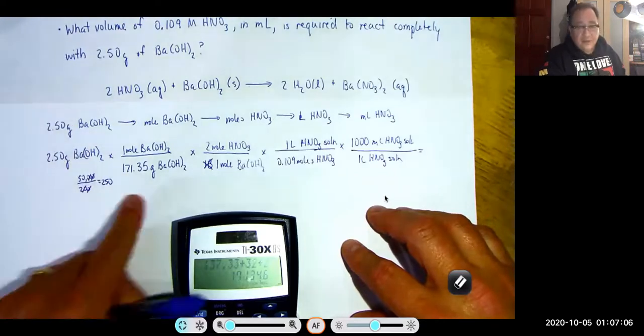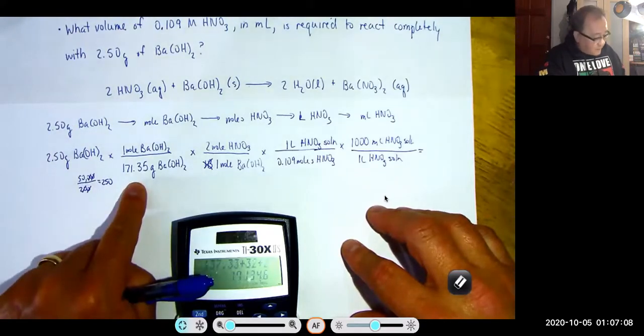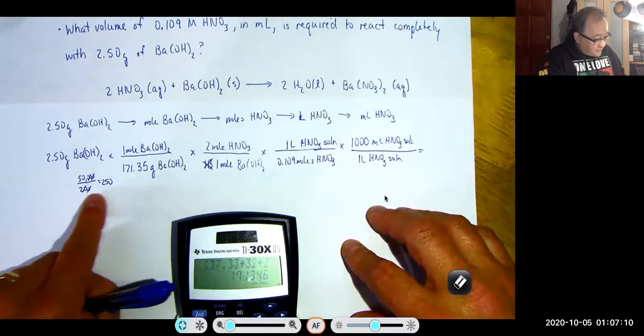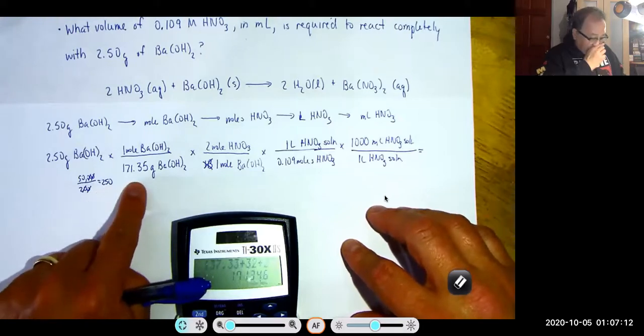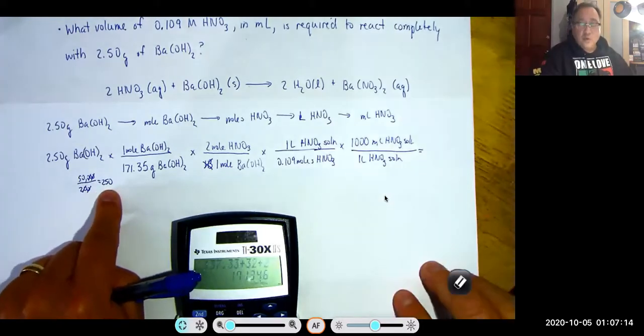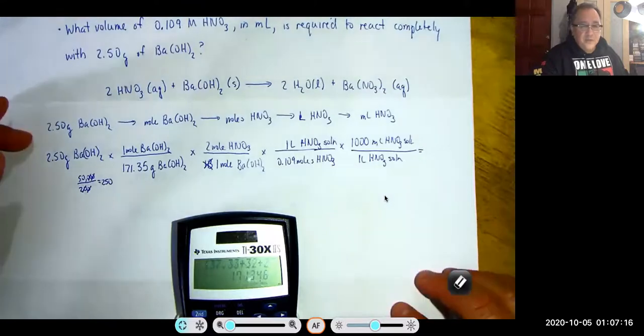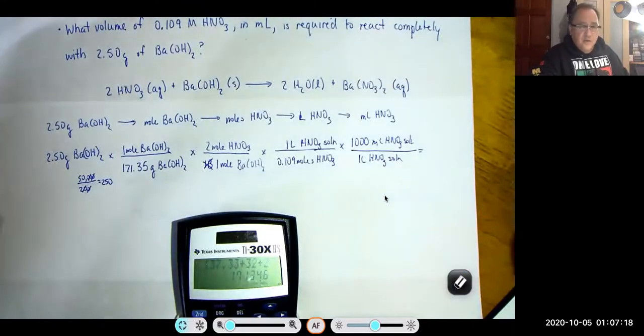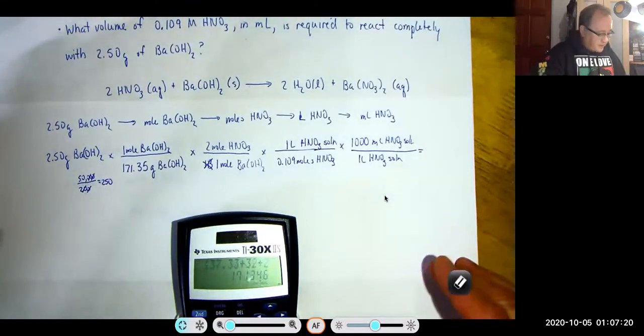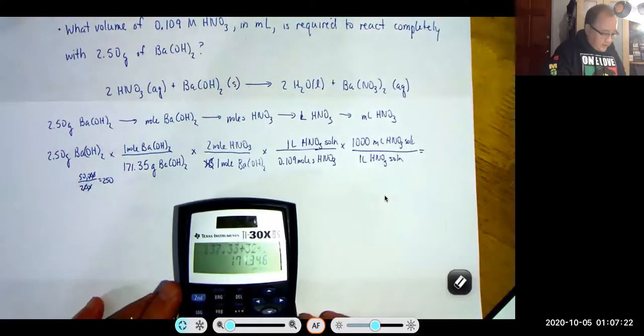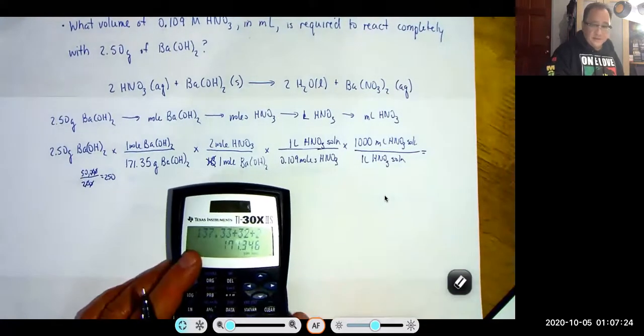Now that isn't 200, it's 171. 200 goes in 250 times, so 171 might very well go in 300 times. So I expect the answer to be somewhere around 300 milliliters for the final answer. So let's take a look and see what we get for our final answer.